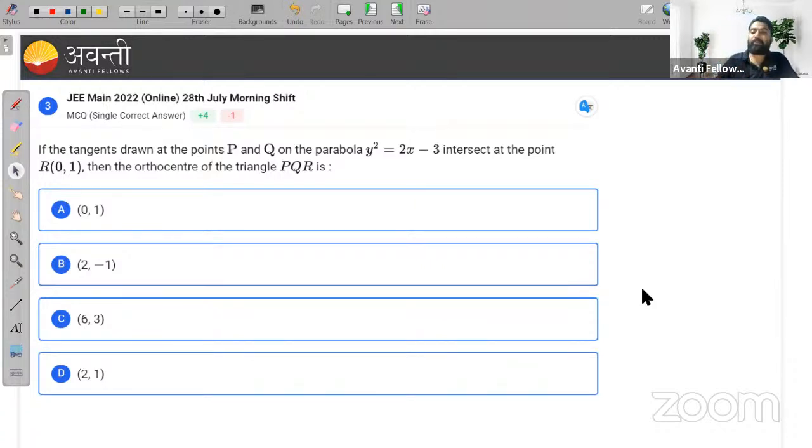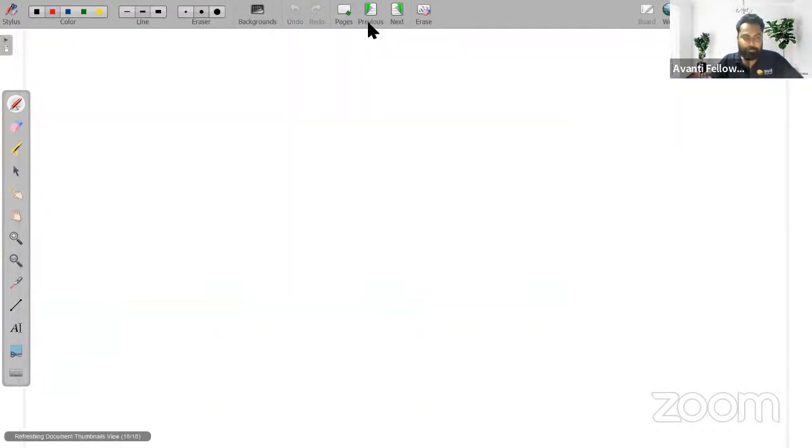Suppose you have a triangle here, and you draw all the altitudes. Then the point of intersection of all the altitudes is called the orthocenter. So this is my orthocenter. We can denote it by H also, or O, right? Okay, so let's see what the solution is.